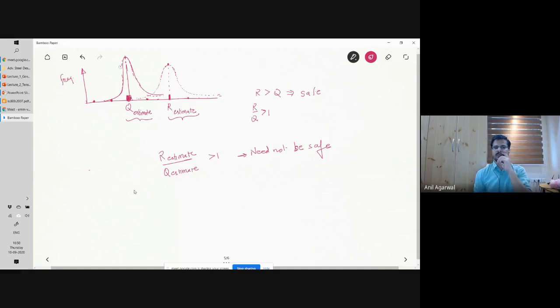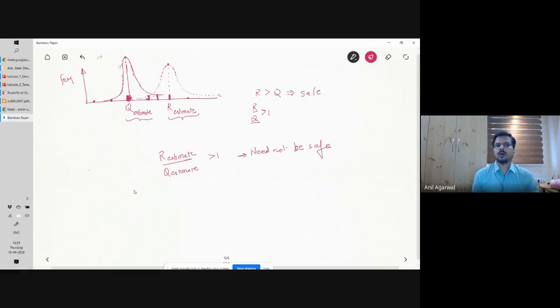Even if I am making sure that my R estimate is higher than Q estimate, it does not necessarily mean that I am on safe ground. Why? Because my R estimate is this, but my real R for that particular column that I'm using in a building could be this one with a very low probability, but it may still be there. And even though my Q estimate was this, my real Q may still be here. As a consequence, my real Q coming from this plot may still be higher than my real R, and I may end up with an unsafe system. Agreed?